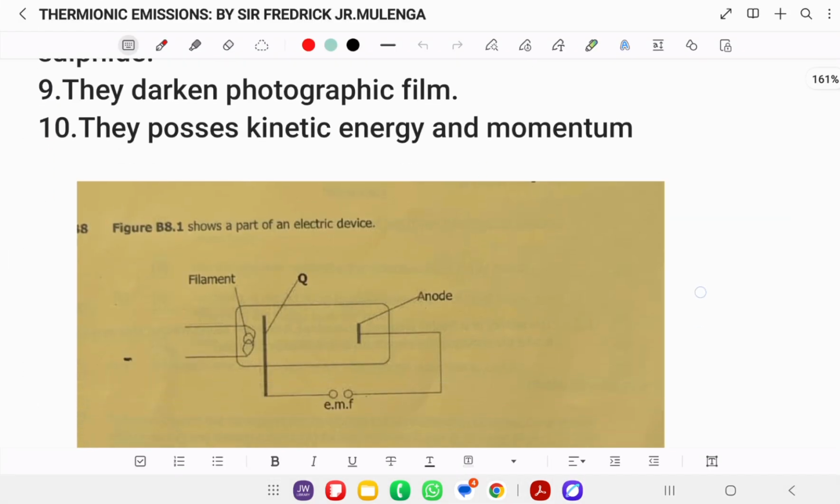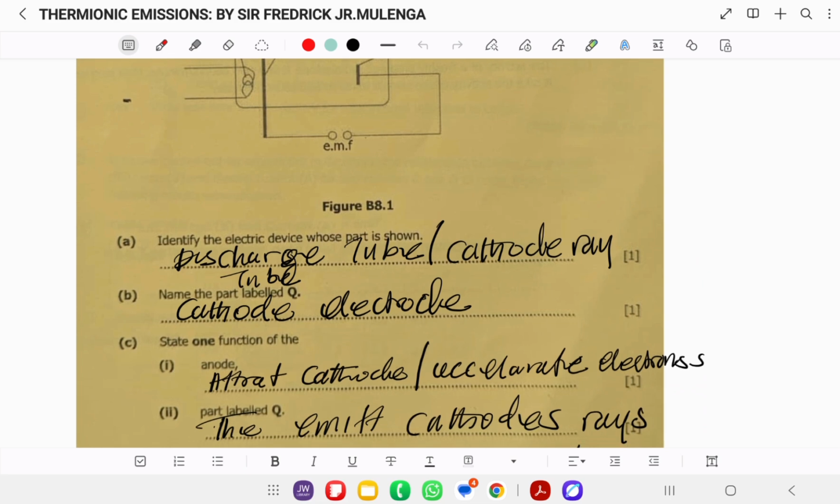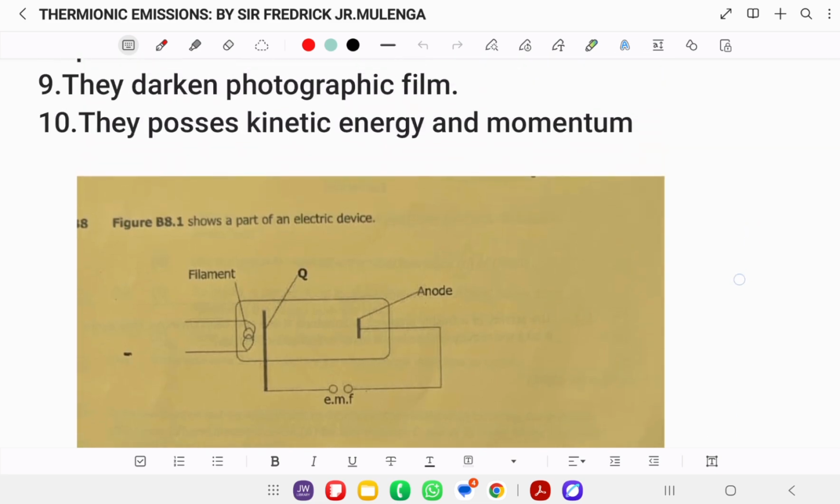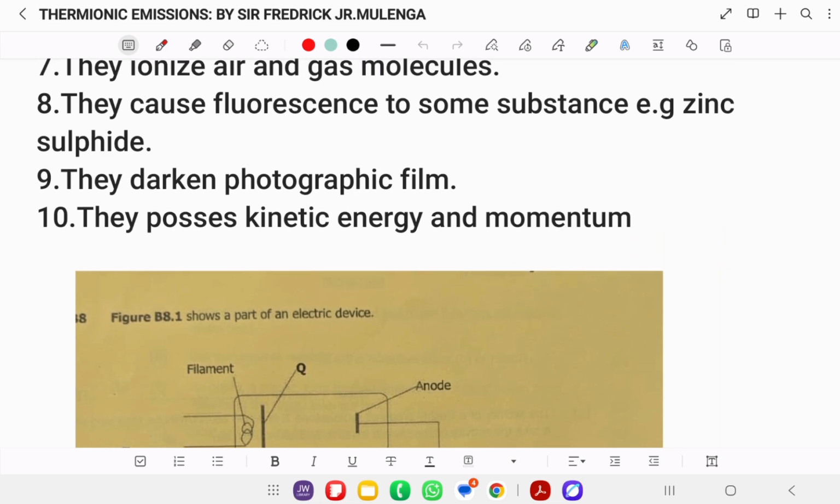We also discussed that these electrons move in the opposite direction to the current in the circuit, and this is called conventional current. So those are some of the properties. In the exam, when you are asked, you can pause the video and copy these properties.